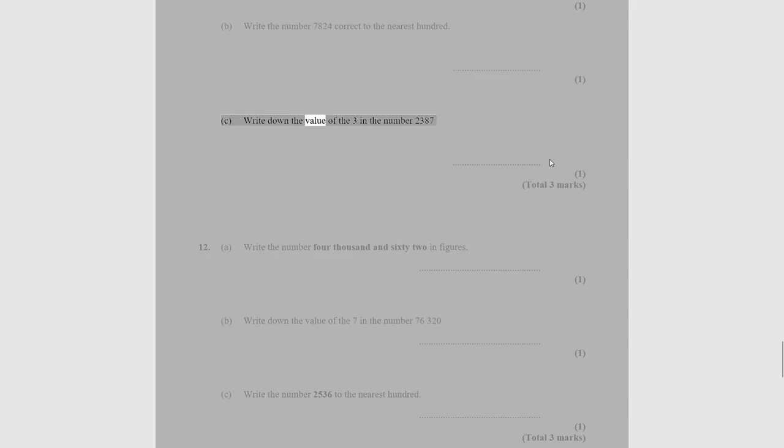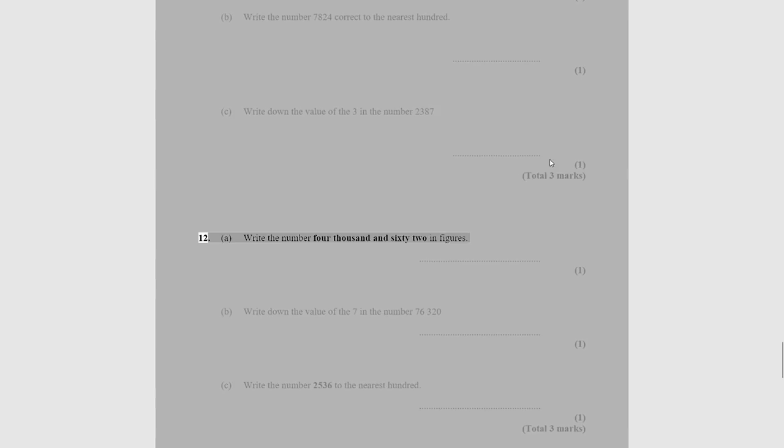Write down the value of the 3 in the number 2387. Total 3 marks.